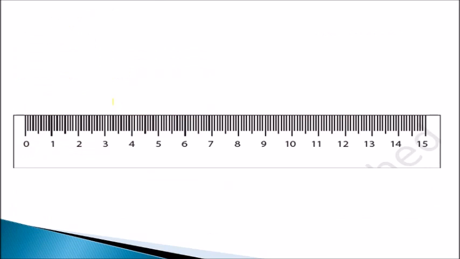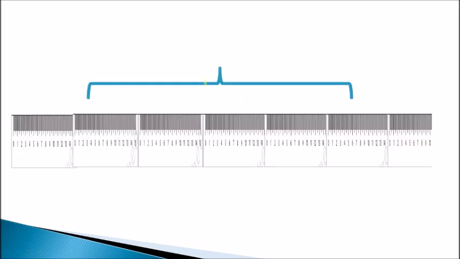Here you can see in the picture, this is a picture of a scale. You will find this kind of picture in your geometry box. Some scales have numbers till 15 and some scales have numbers till 30. When you join these scales, if one scale carries 15, then the next also carries 15: 15, 30, then 15, 45, then 15, 60, then 15, 75, then 15, 90, then plus 10.